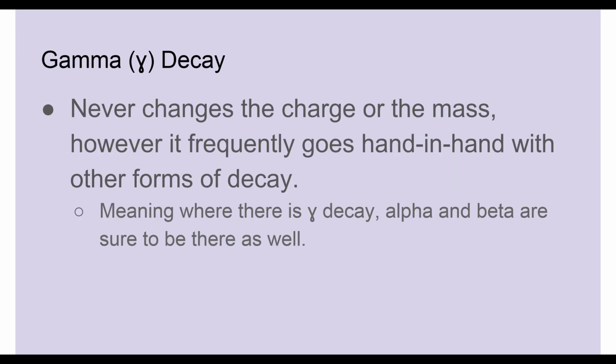All right, our last one for types of radiation or decay is going to be gamma, and we get this fun little loopy Y symbol here, which is gamma. Gamma never changes the charge or the mass. However, it frequently goes hand in hand with other forms of decay, meaning where there is gamma decay, alpha and beta are sure to be there as well.